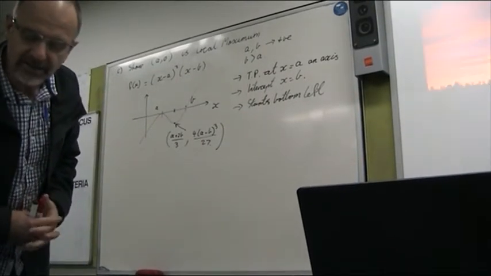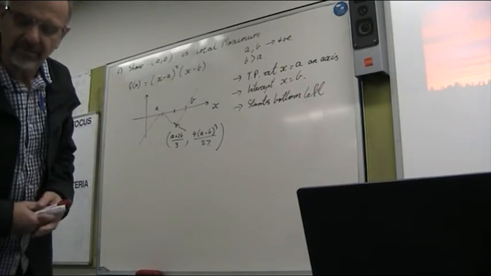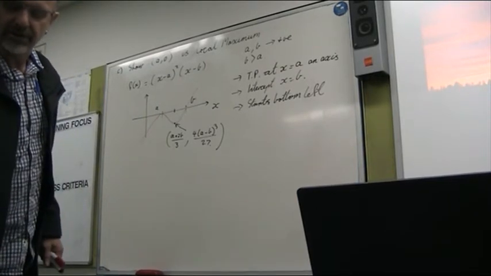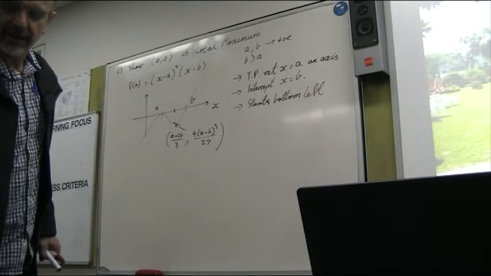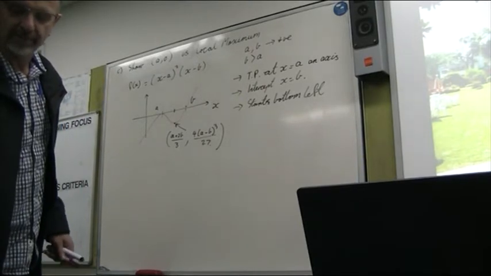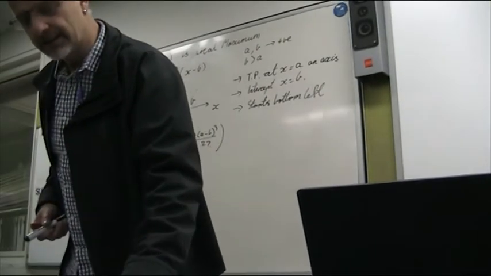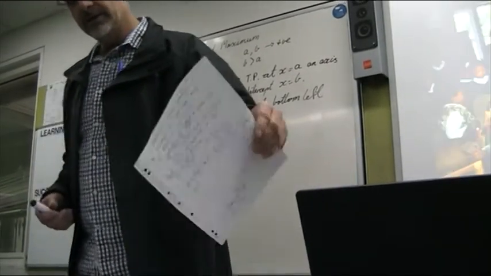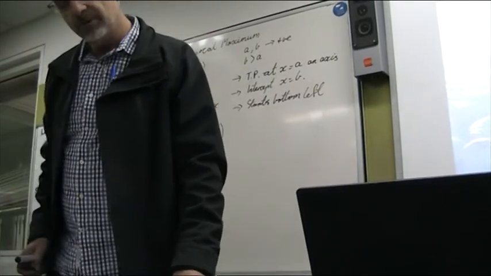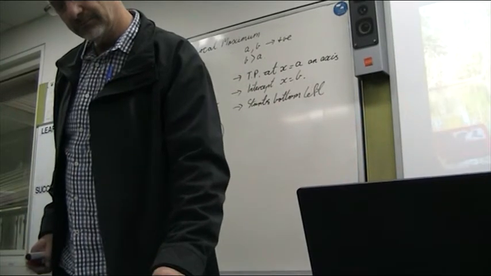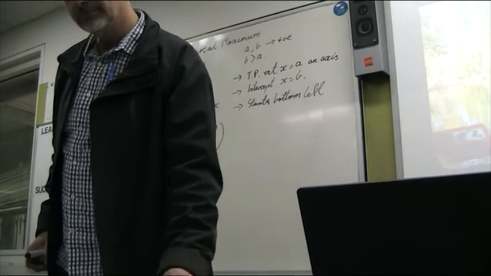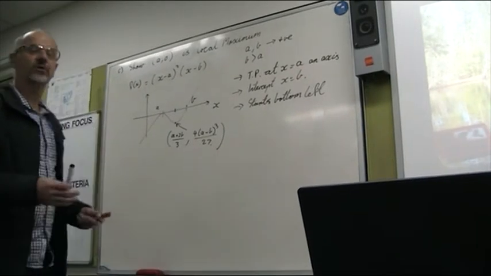And then the last bit says, find the values of a and b if the stationary points occur when x equals 3 and x equals 4. This is not going to take much room at all.